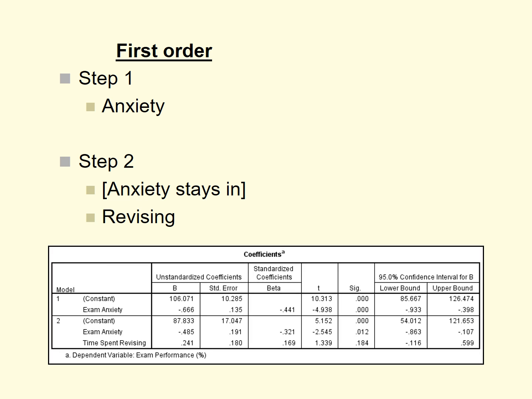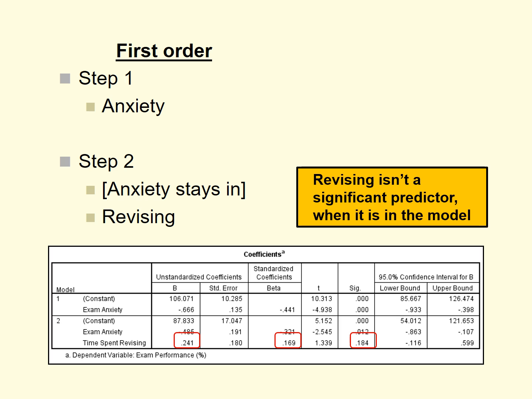Using this same order, if we look down at those coefficients, we might again conclude that revising isn't really a very strong predictor of performance when it's in the model. So at step 2, or in augmented model 2, however we choose to describe it, we might conclude based on the results of these analyses that, gosh, time spent studying isn't doing very much.